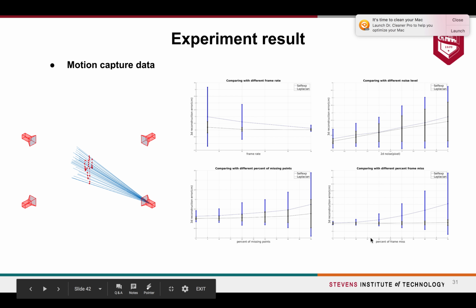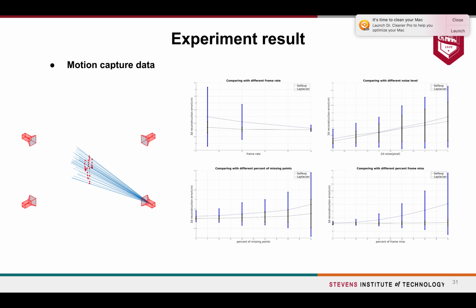And the most important part is when we randomly drop some frames, which makes the distance from each frame to its adjacent frames different, which means the density of the frames is non-uniform.